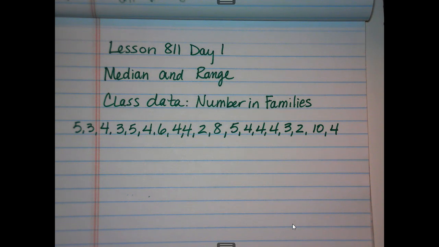We're going to start with looking at a bunch of data from a different math class, and it is data about how many people are in their family. Our government and many governments in different parts of the world take what is known as a census, and that is a way that they count people and where they're living. Sometimes they ask a question about what language is spoken.